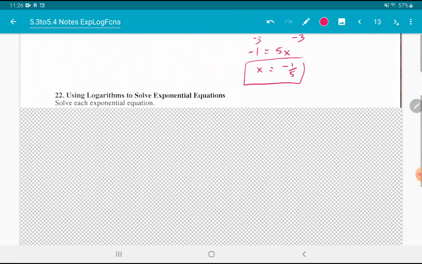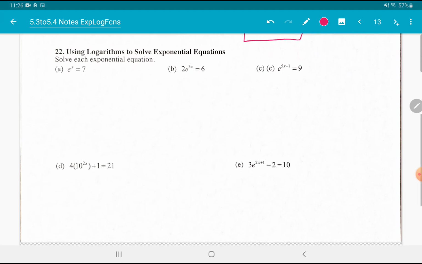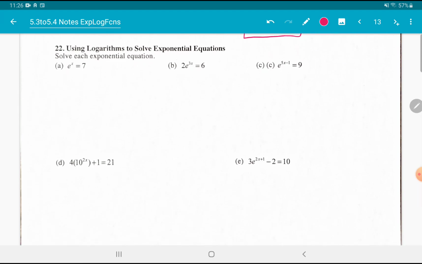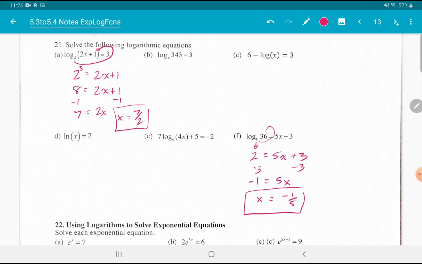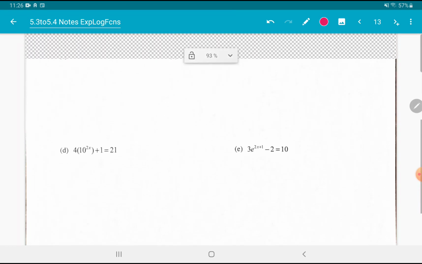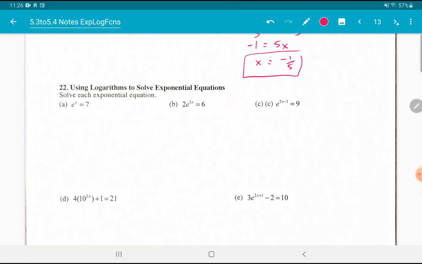Let's go on to the next section. So now we're going to use logs to solve exponentials. So in the previous example, we were using exponentials to solve for logs. Now let's use logs to solve for exponentials. So let's take a look at our first case. E to the x equals 7.